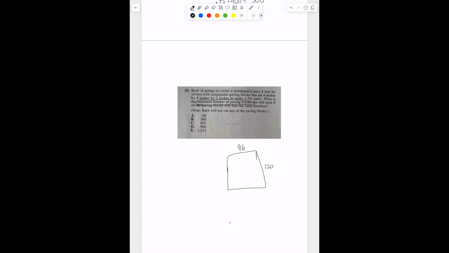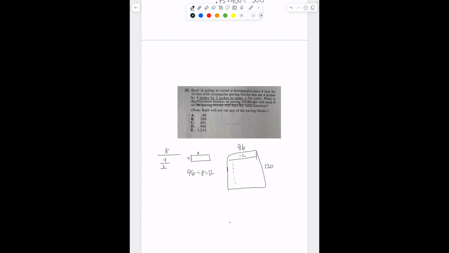So let's do some quick math. So look this way, the brick can be laid out this way by 8 inches, it can be laid out by 4 inches, or it can be laid out by 2 inches. So if I were to lay this brick out where it's 8 inches across and 4 inches down, like this, then that means if we do 96 divided by 8, I have 12 going this way.